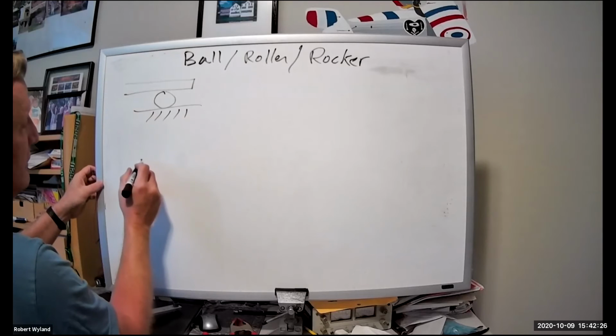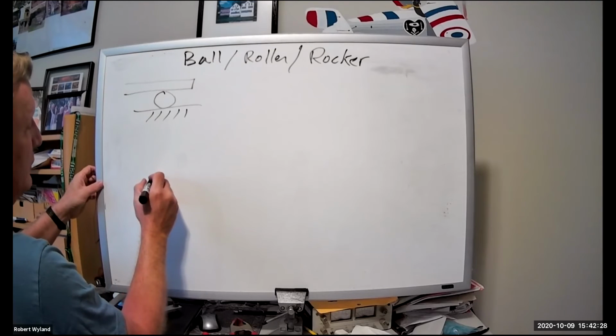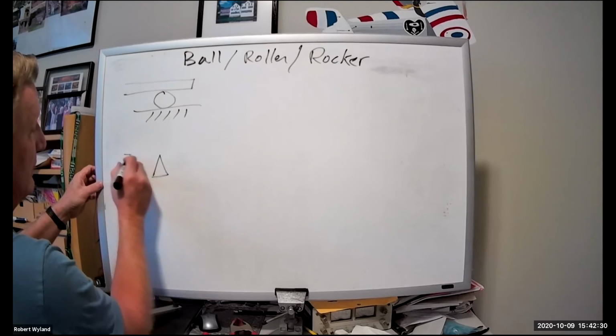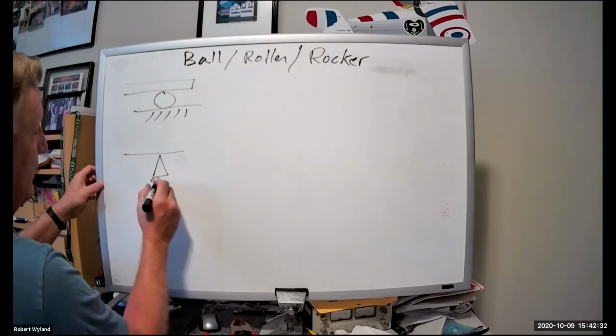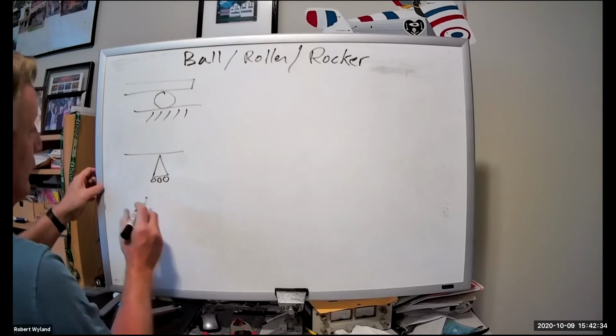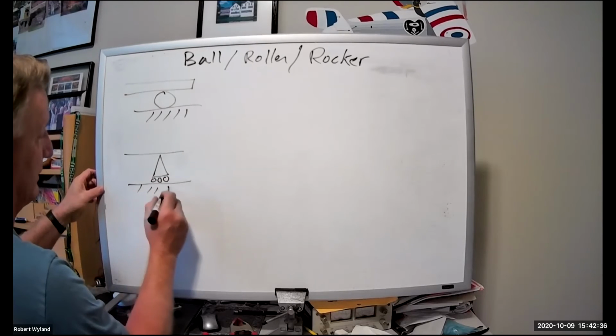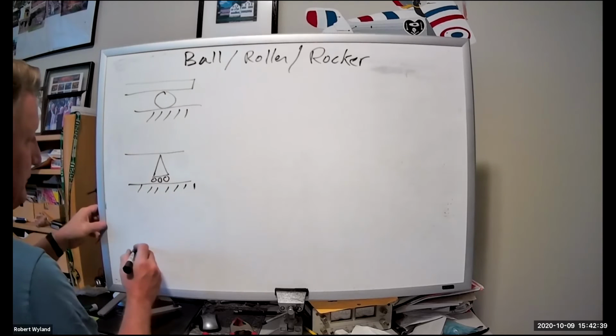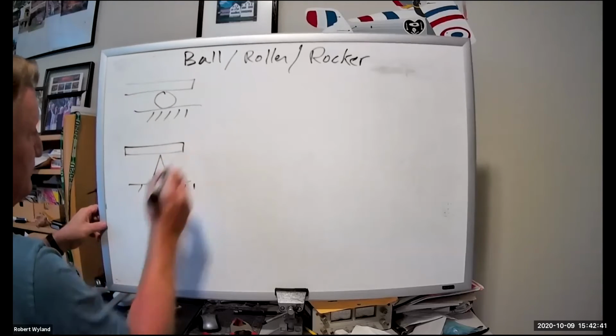Or for a roller, what we typically will do is draw a hinge that rides on little cartwheels, or this is our beam.